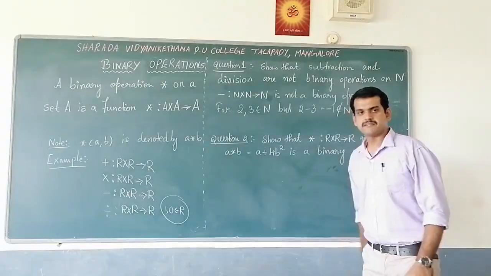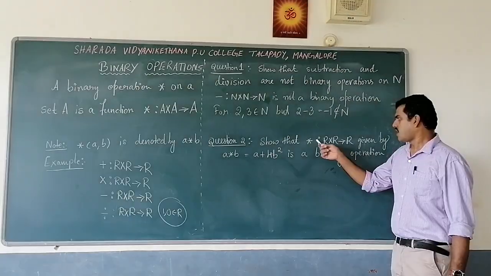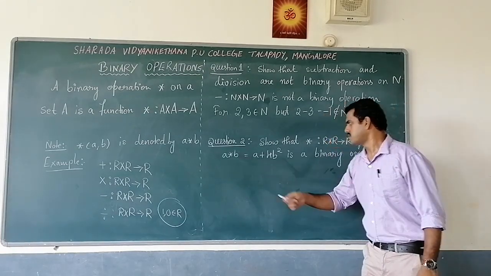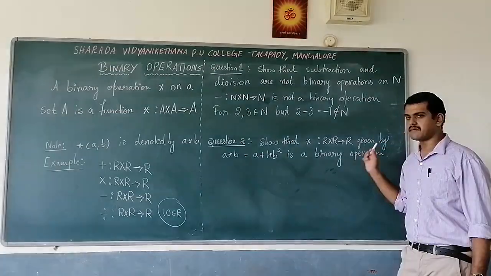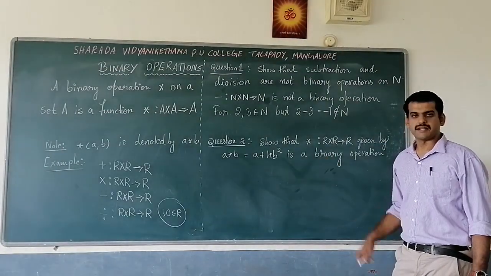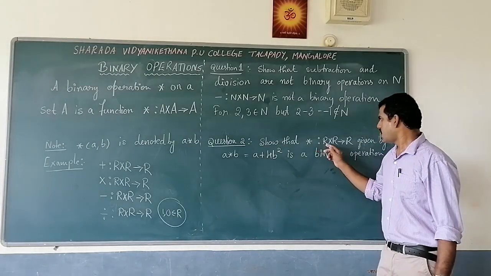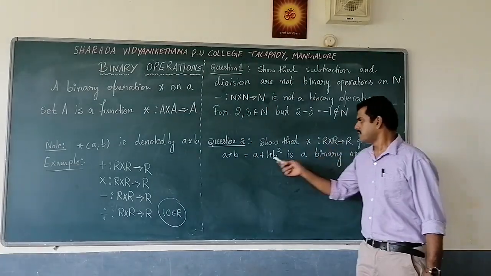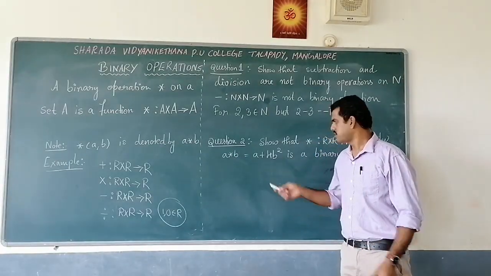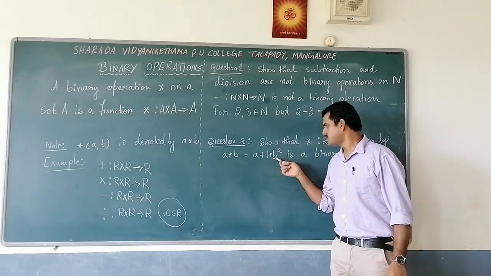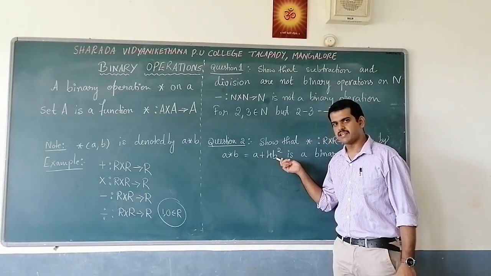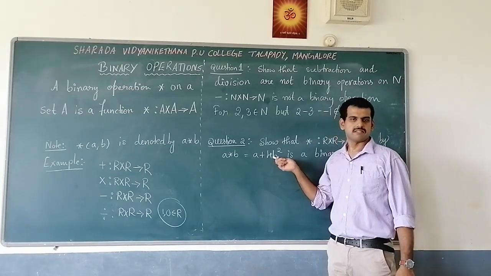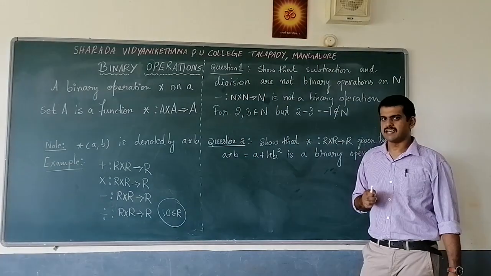One more example: show that star from R cross R to R given by a star b equal to a plus 4b square is a binary operation. Why is it a binary operation? Now consider R cross R, you have to take a and b both from real numbers only. So you take any two real numbers. First see b square: the square of any real number is a real number, then multiplied by 4. 4 times b square is definitely a real number.